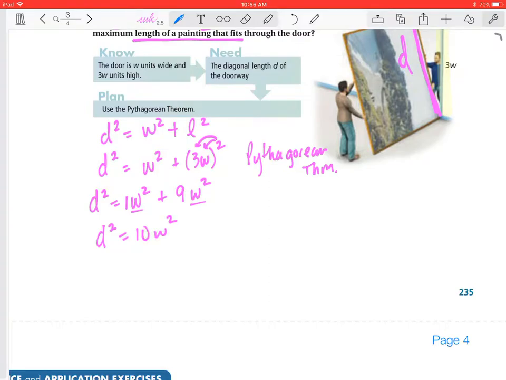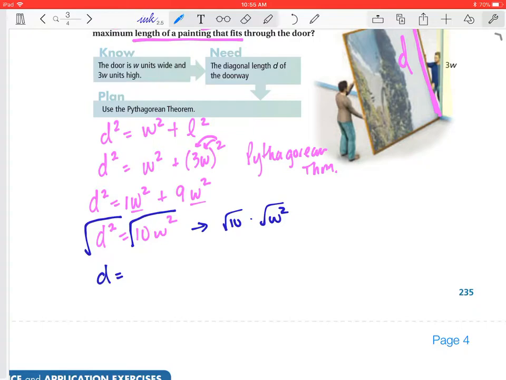All right. Now I'm going to take the square root of both sides. So this is going to be the square root of d squared and the square root of 10w squared. And so I'm going to say d is equal to the square root of 10 times the square root of w squared. These are our rules of taking the radical of something.